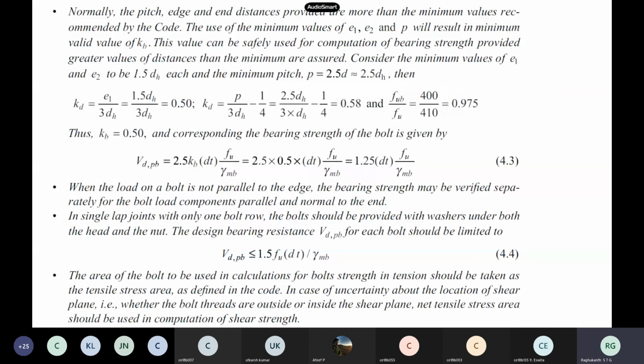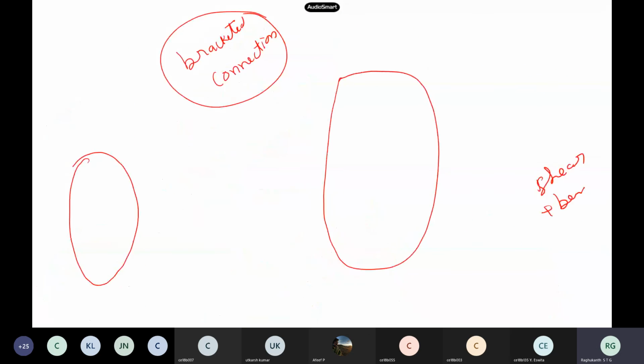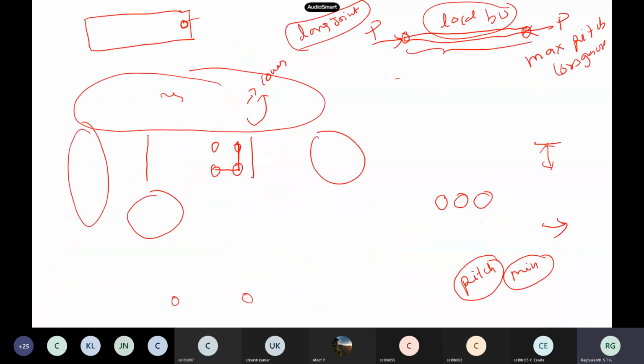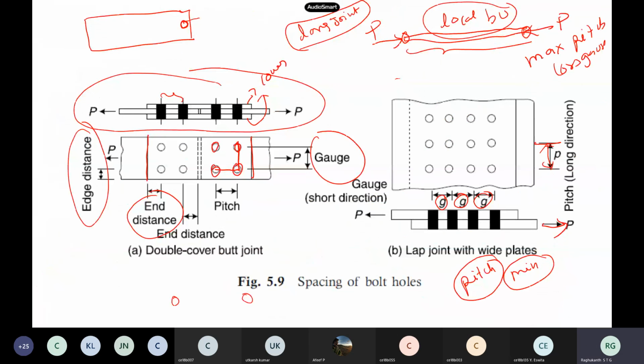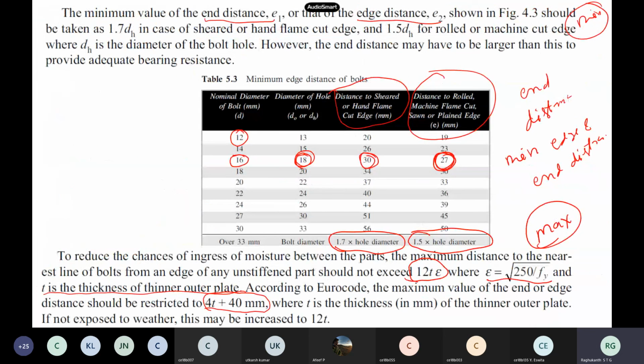Generally this kb, this kd, is very easy to find out. Already we have guidelines on the minimum pitch distance, minimum edge distance, minimum end distance, and the maximum values also, so we can plug in the minimum values. Remember the table I showed you for minimum edge distance and end distance.